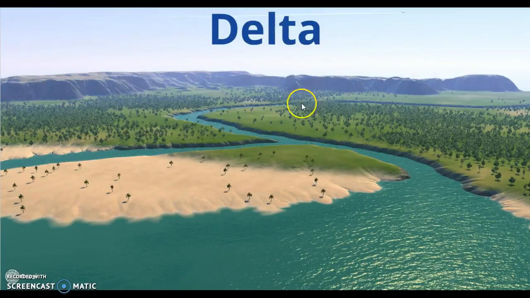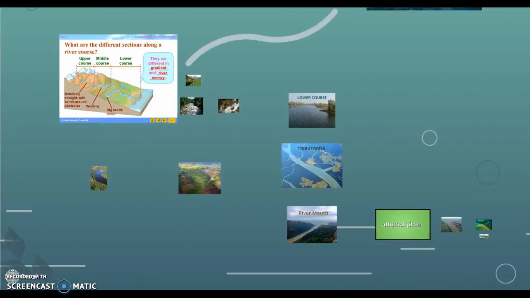A delta is kind of a triangular area, like this sample, created because the river has transported sediments and rocks that are deposited in this triangular area. We in Spain have the most important delta, which is the Iberus Delta, el Delta del Ebro. It is a triangular area.